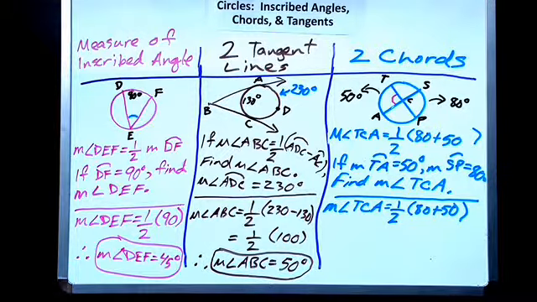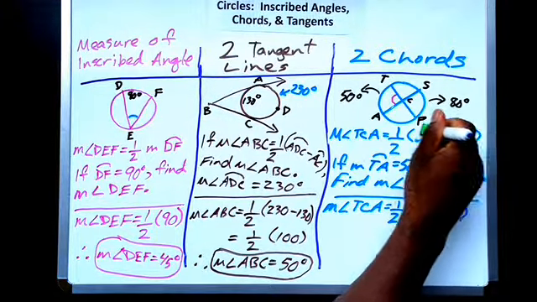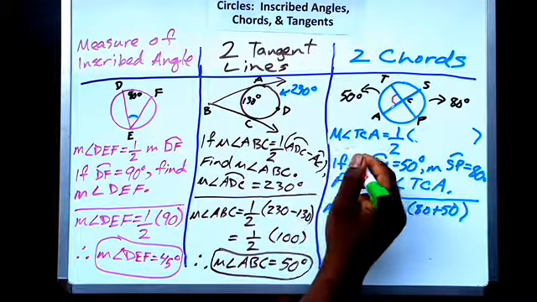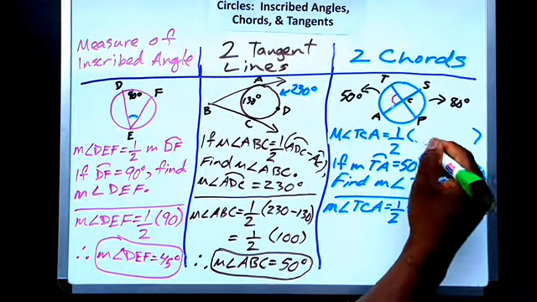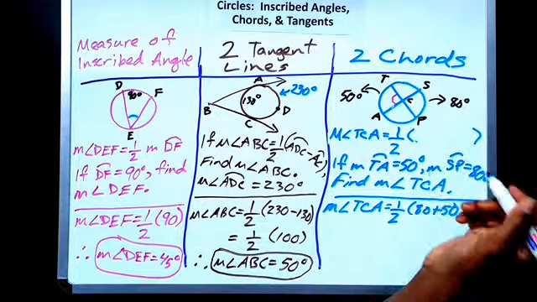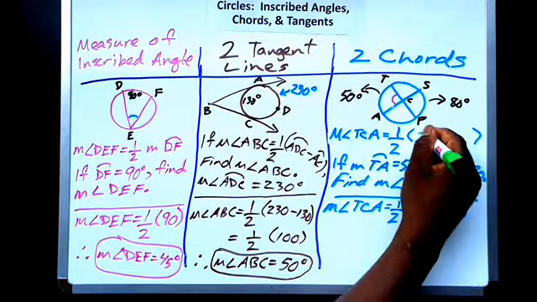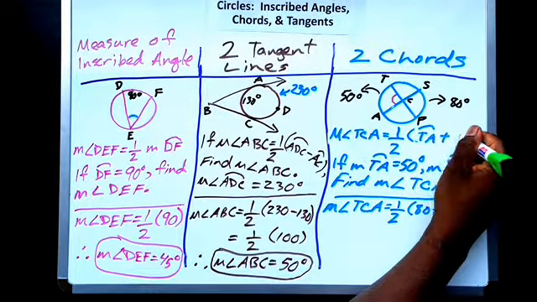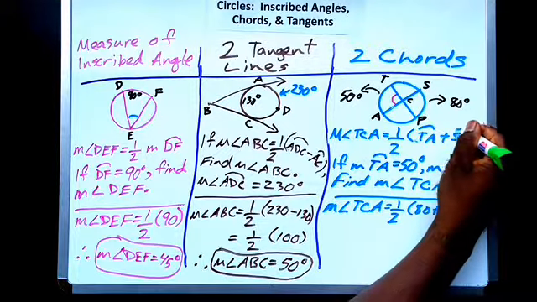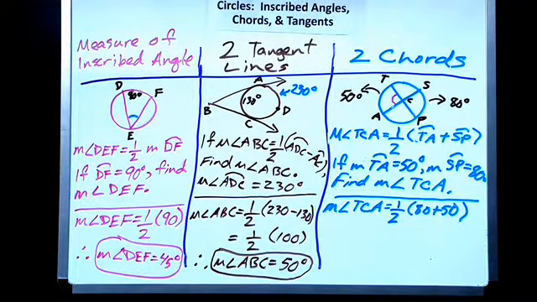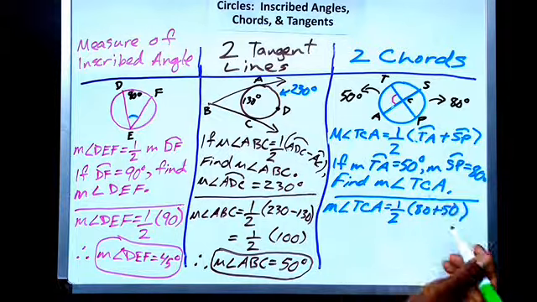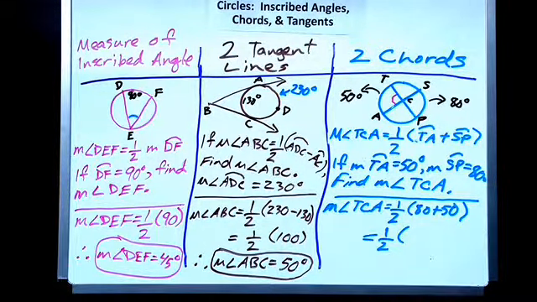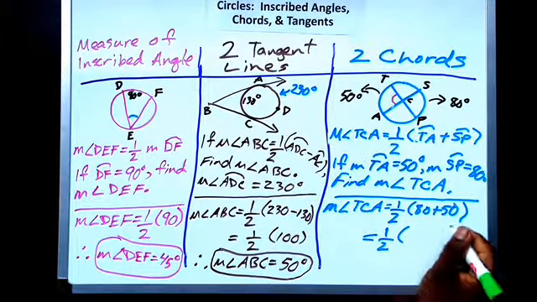And instead of writing 80 plus 50 here, I'm going to write the letters. So the measure of angle TCA is equal to 1/2 of arc TA plus arc SP. There we go. That's our equation. We're following that and substituting. So then we get 1/2 times 130, 50 plus 80.